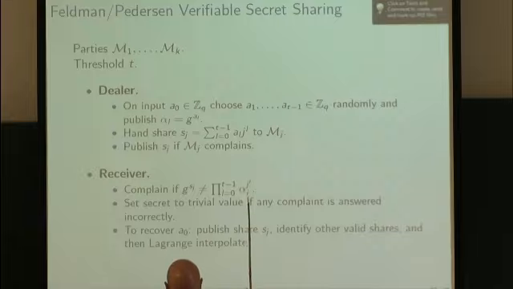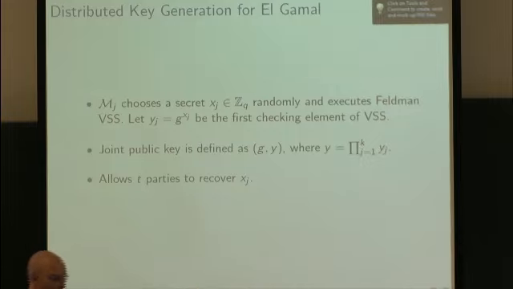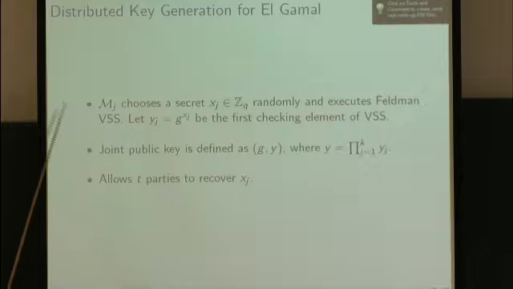So this protocol is cool because you can use it in several different ways to implement the things that we need in the protocol, right? So first of all, we can use it to do distributed key generation. So what does each party do? He picks a random secret. He executes Feldman verifiable secret sharing.